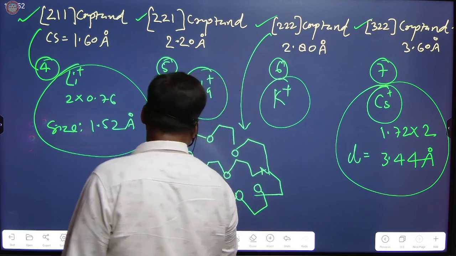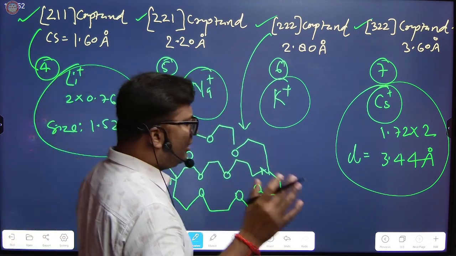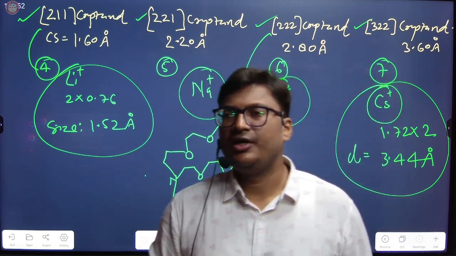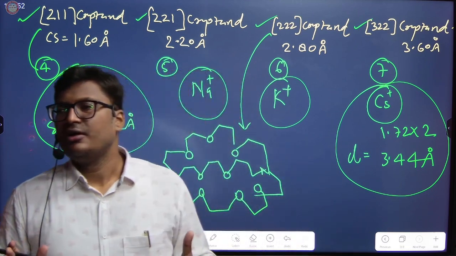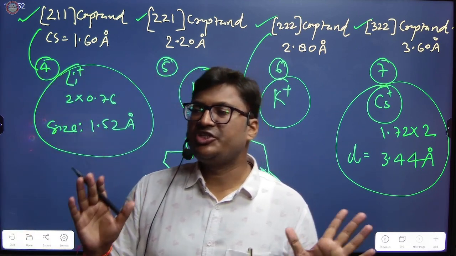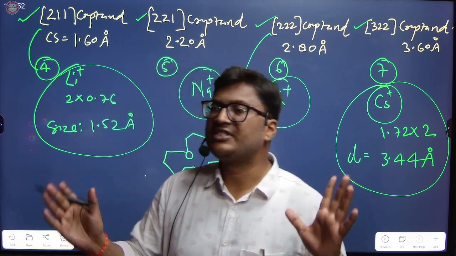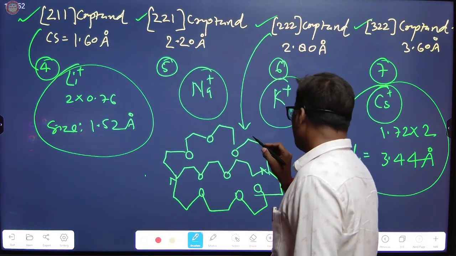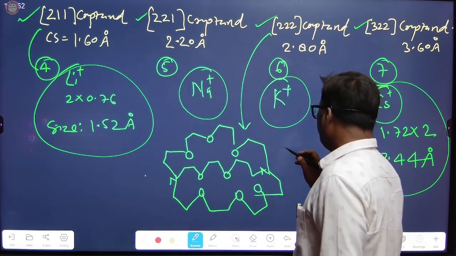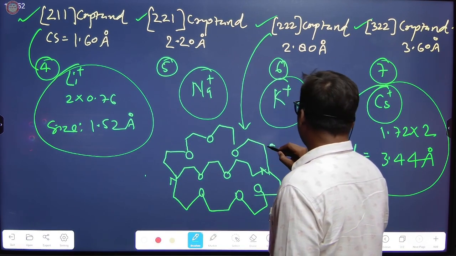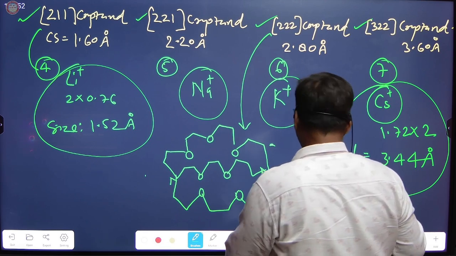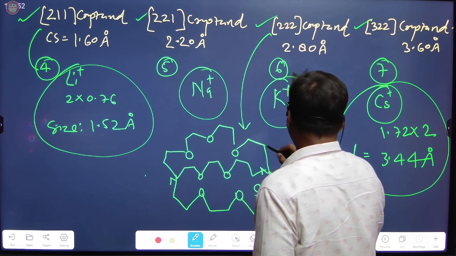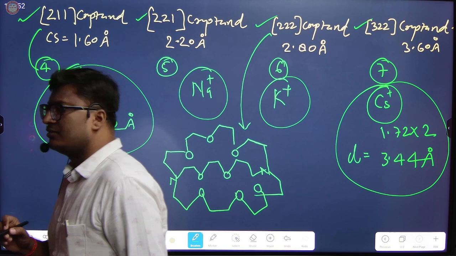So what is the chemistry and in what other ways can we increase the cavity size in cryptand? We can simply apply the chemistry and tune the cavity size through the functionalization of the hydrocarbon chain. So if this carbon-carbon bond is functionalized with a benzene ring, right?